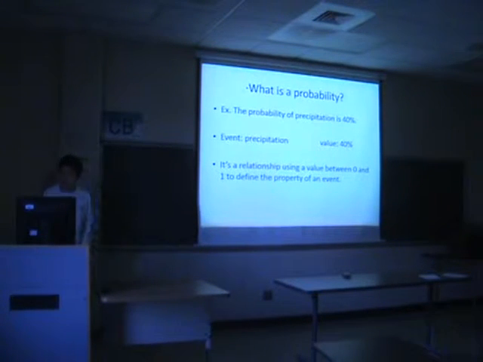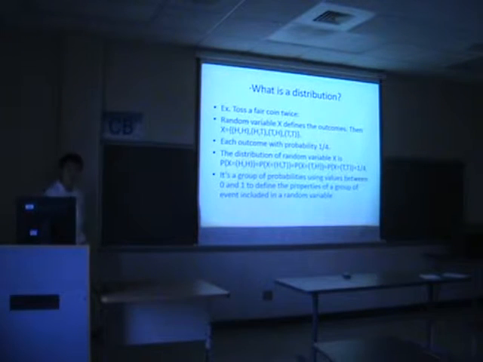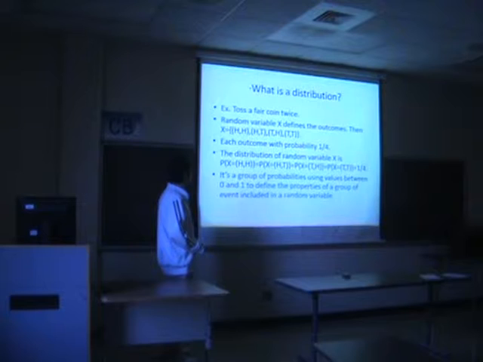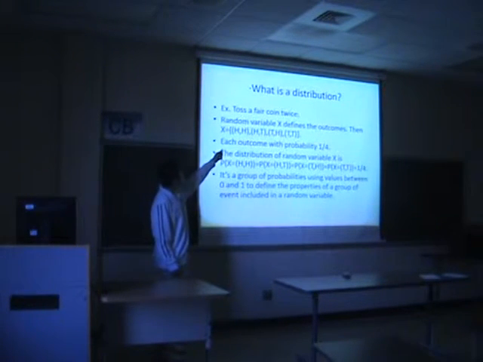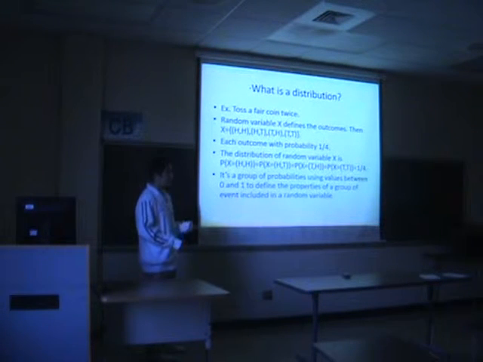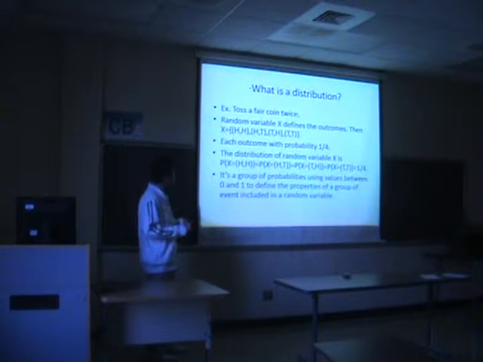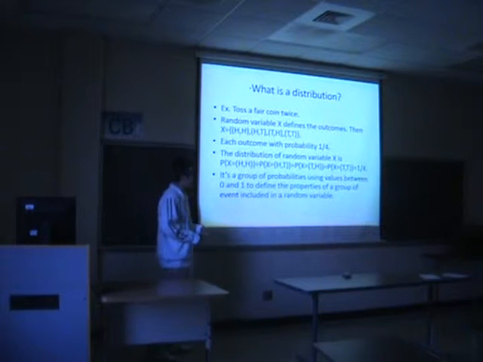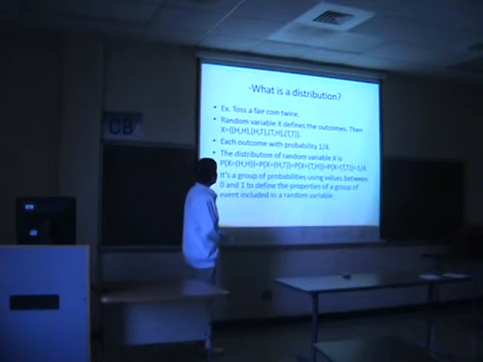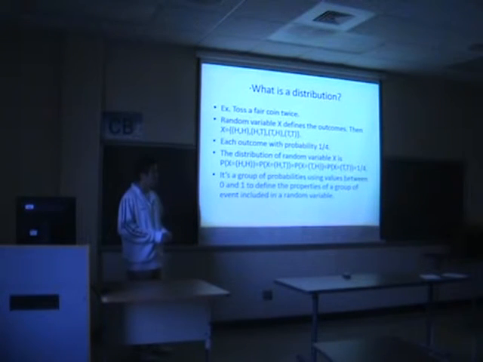So after we know the probability, we should know what a distribution is. We also use an example to illustrate that. If we toss a fair coin twice, if we consider the order, we will get 4 outcomes, right? Head and head, head and tail, tail and head, tail and tail. And if we don't consider the order, how many outcomes will we get? 3, right?